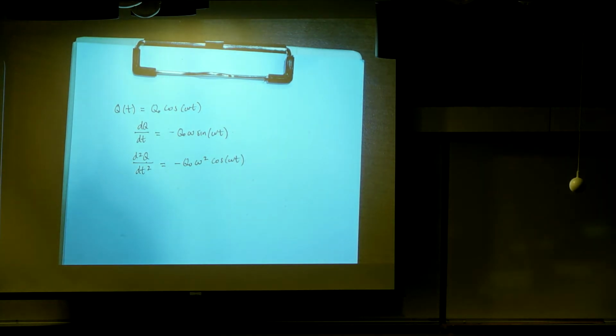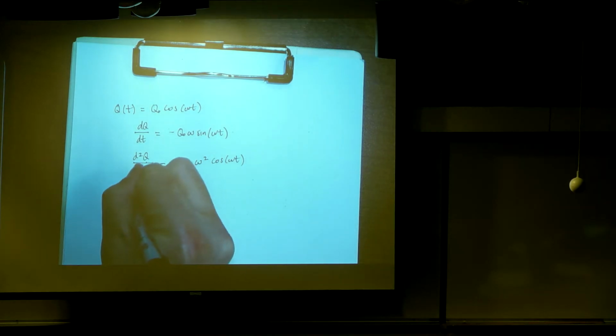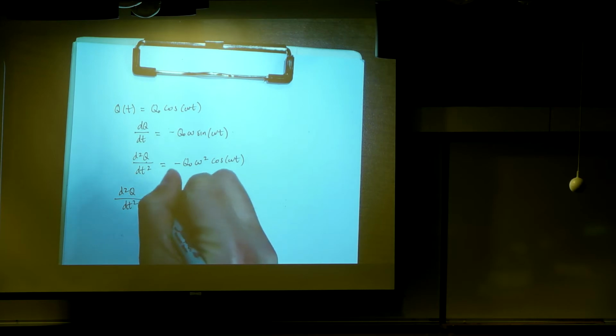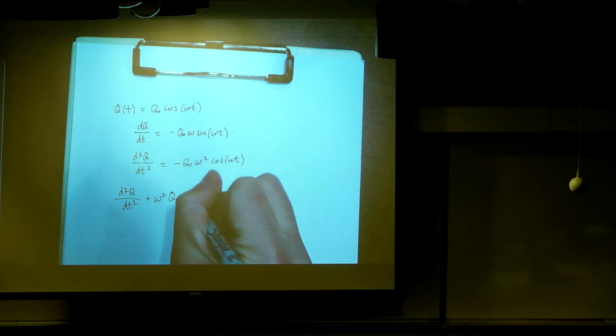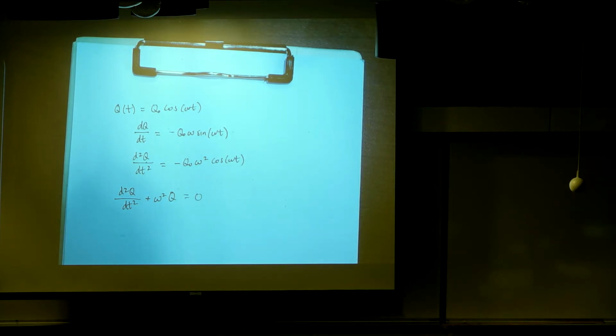Okay, well the differential equation we had was the second derivative of Q with respect to time plus omega squared times Q equals 0. Does that work? Let's see. The second derivative is minus Q naught times omega squared times cosine omega t.